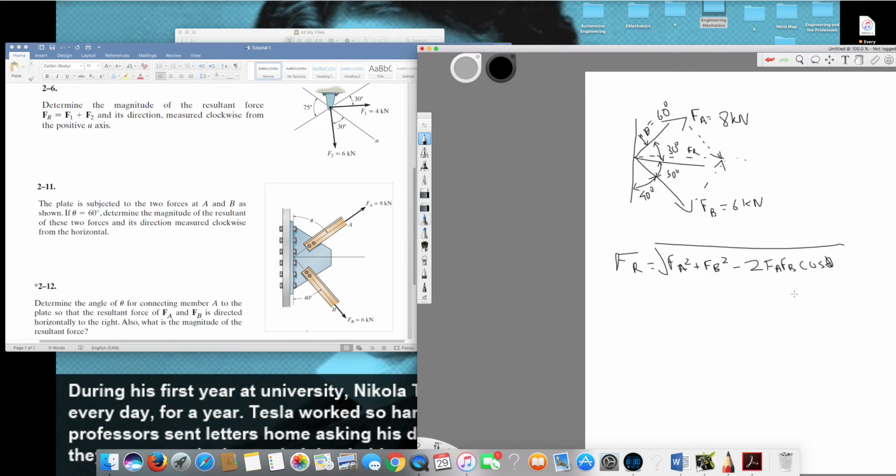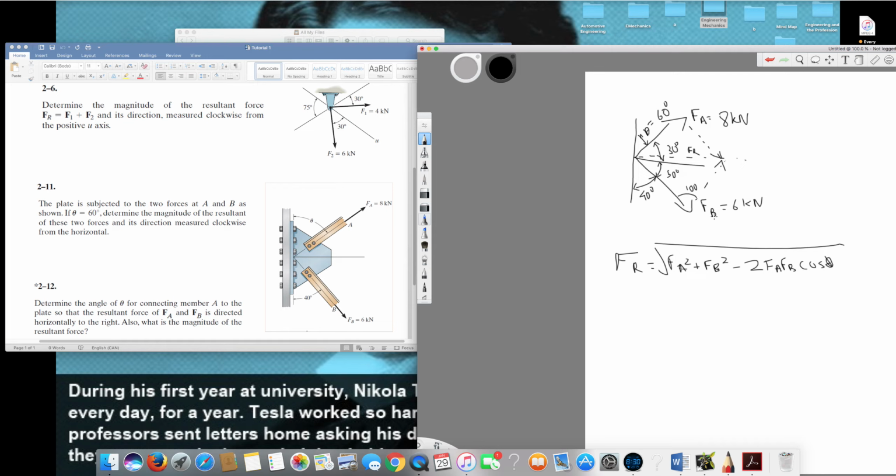So we have one more job left. We have to find the angle that is opposite to the resultant force. So we know this side is 50 plus 30, 80 degrees. According to the parallelogram rule, the two sides make 180 degrees, right? So if this side is 80, this should be 100, because only then it makes 180 degrees.